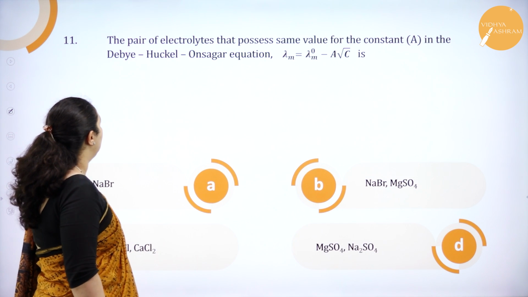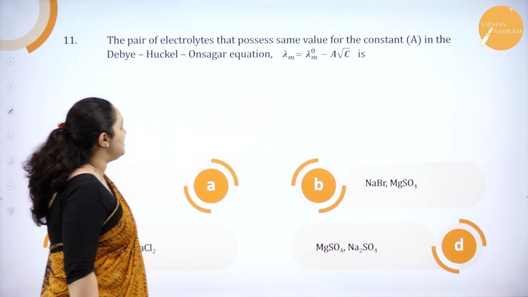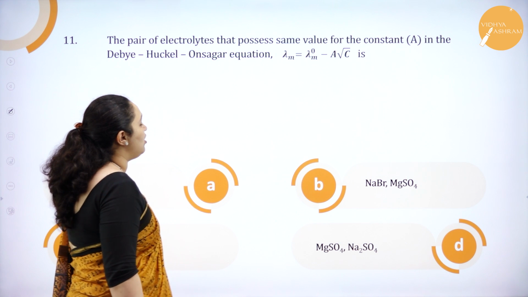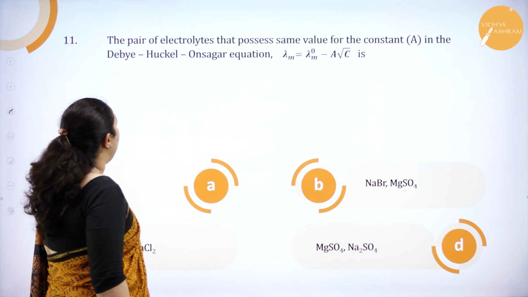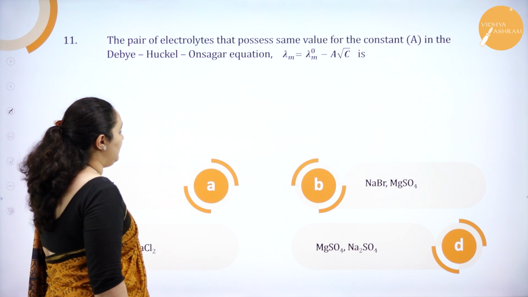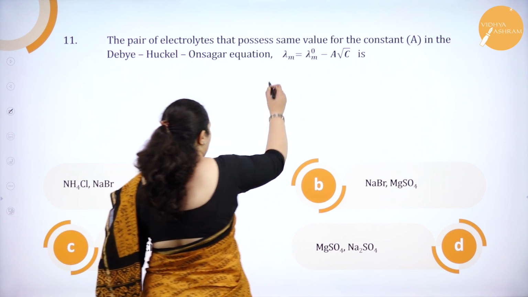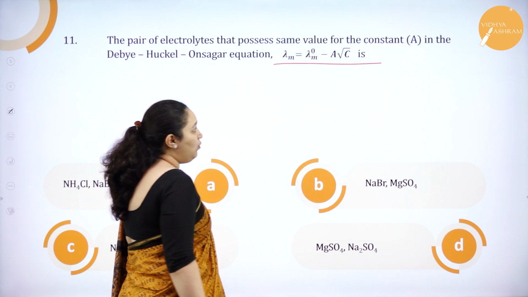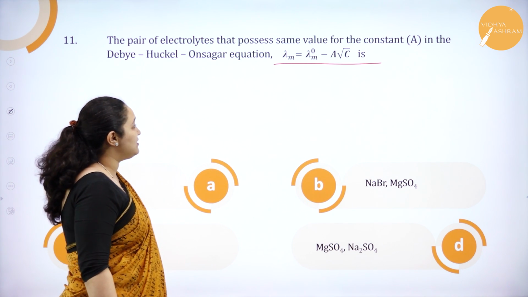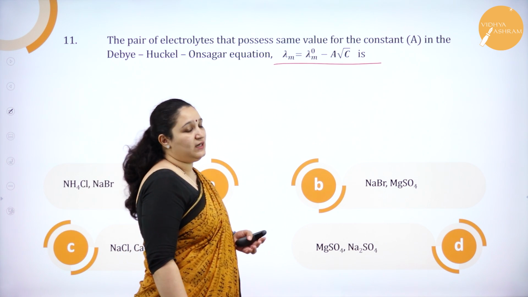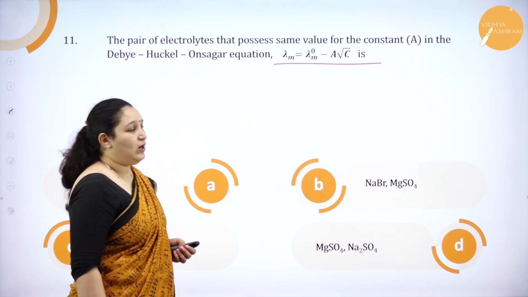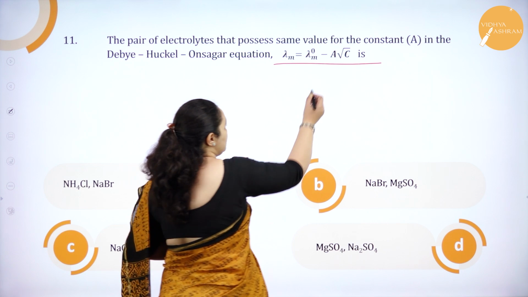Next question. The pair of electrolytes that possess the same value for the constant A in the Debye-Huckel-Onsager equation. They have given you the Debye-Huckel-Onsager equation. What does this equation actually tell? It's a relation between the molar conductivity and the limiting molar conductivity, and A is a constant.